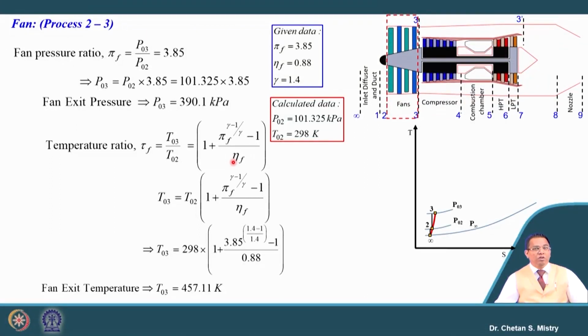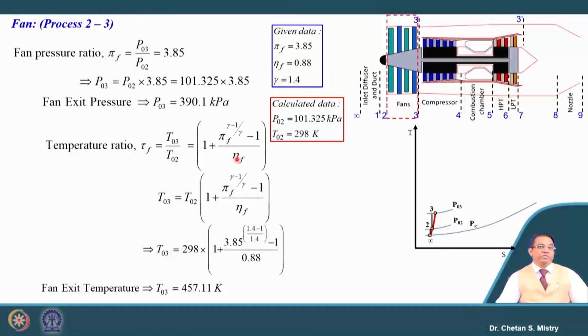Now, as I told earlier, be careful what numbers are given, whether the fan isentropic efficiency is given or polytropic efficiency is given. Accordingly, this formulation will be changing. Since we are having a multi-stage configuration, we need to be very careful here.